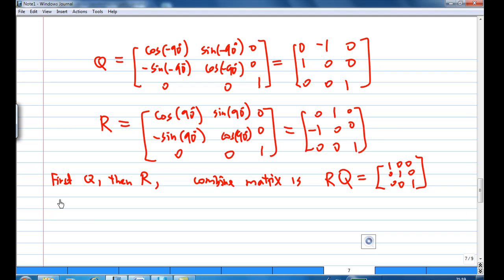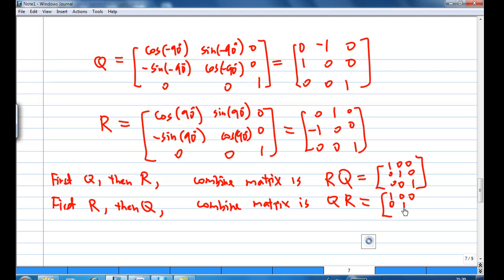Now, if you first do R, followed by Q, then the combined transformation matrix is Q times R. You also get the identity matrix. Since Q times R and R times Q are the same, we expect that the image will be the same. In fact, the image is ABC again.